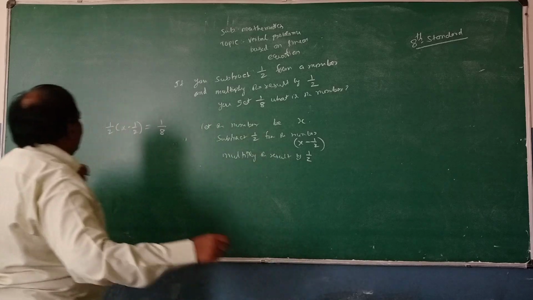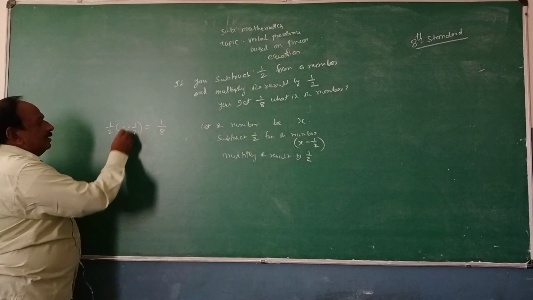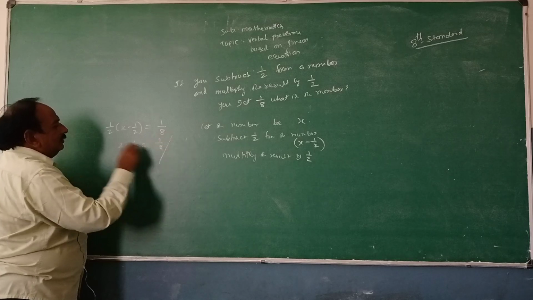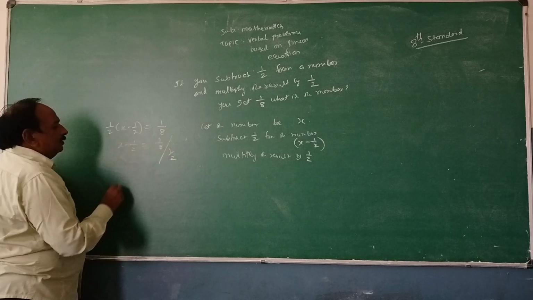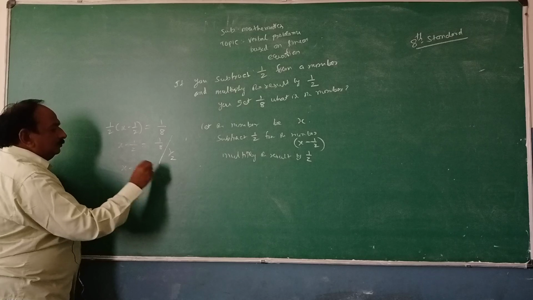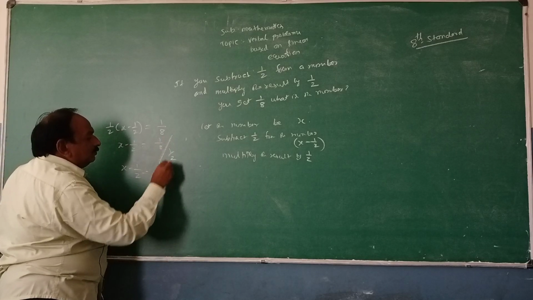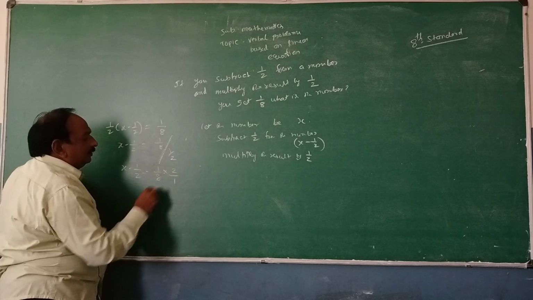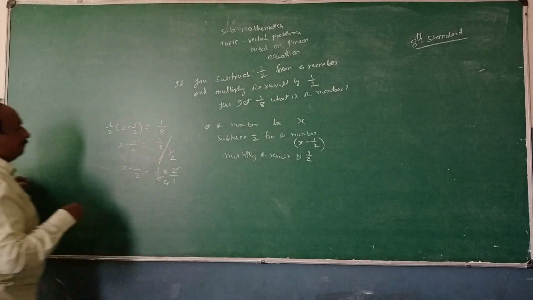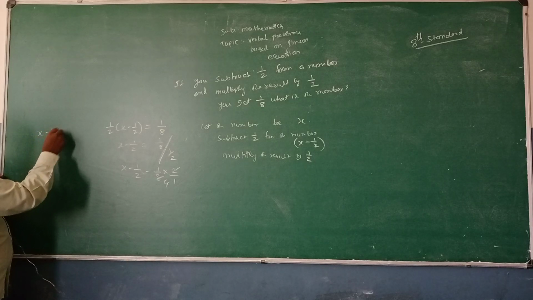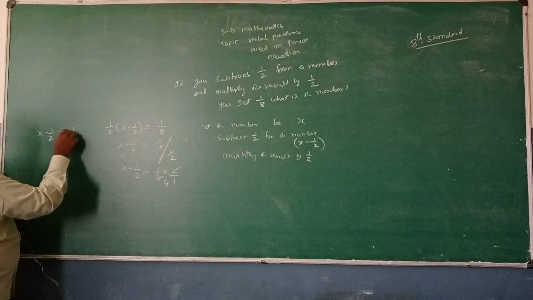So, x minus 1 by 2 is equal to 1 by 8 divided by 1 by 2. Dividing by 1 by 2 becomes multiplying by 2 by 1. 2 1s are 2, 4s are 8, so 2 by 8 is 1 by 4. X minus 1 by 2 is equal to 1 by 4.